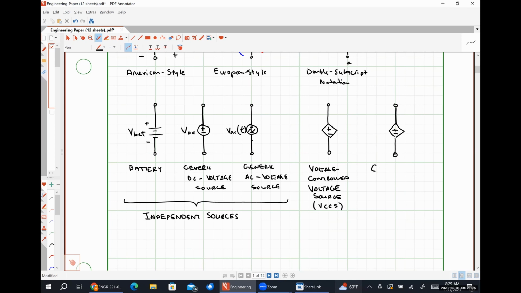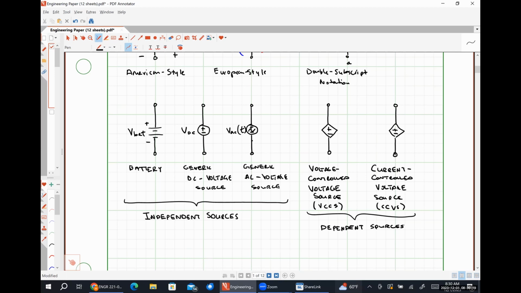And then the one on the right will be a current controlled voltage source, or CCVS. Like I said, these two are dependent sources, meaning that the voltage they provide is dependent on some external quantity.